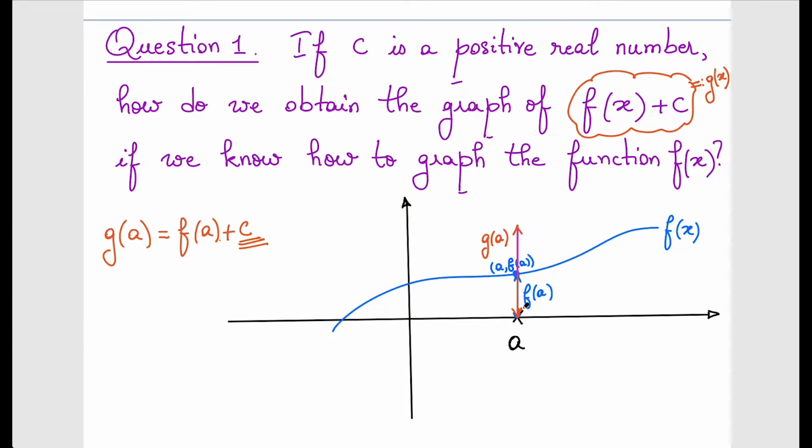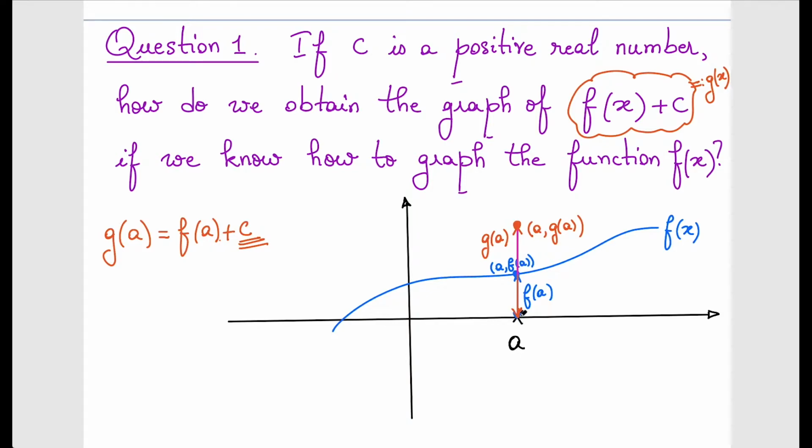Make sense? And then this point whose coordinates are a comma g of a, that's the point that's going to belong to the graph of g. Okay? So one more time.